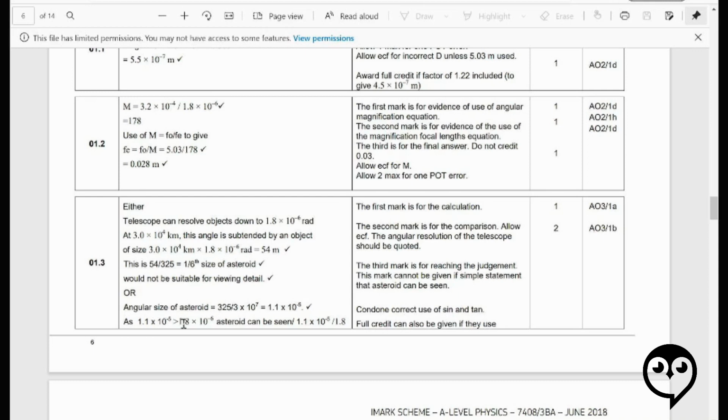Then you could have done a comparison of the angular resolution and said, hey, this is a lot bigger than what the telescope can do. As this is larger than the resolution of the telescope, the asteroid can be seen. Well, it can be seen, but I would not say in detail, and I'm not sure what they're saying with this bit here. But anyway, have a pause on the screen if you want to read what else it says there.